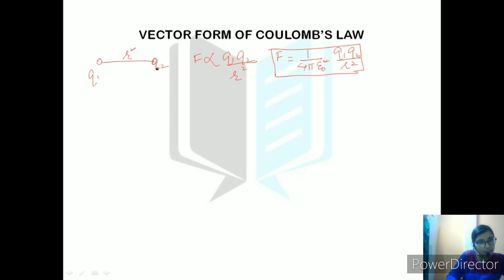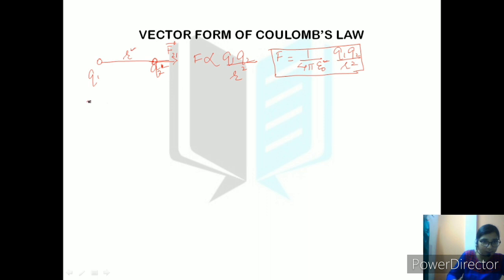So if we want to find the force on Q2 due to Q1, if these two are positive, Q2 will be repelled away, there will be repulsion. So this is the direction of the force, that is force on 2 due to 1. Clear? This is the direction of the force, as shown in the diagram.